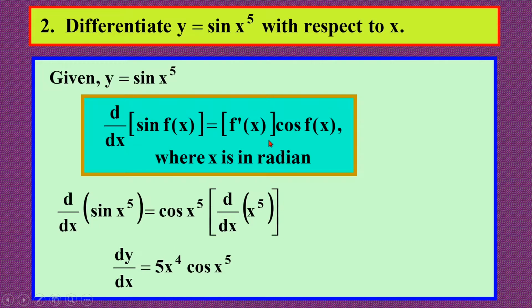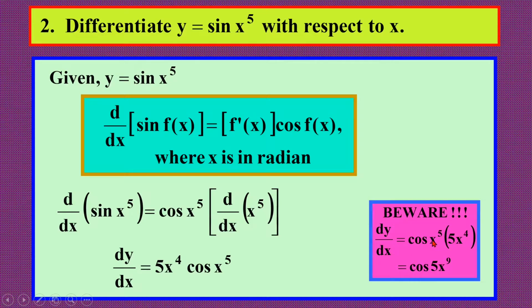Now, when you look at the books, most of the time, cos f(x) and the differentiation of the function is put behind. Sometimes when I mark, I notice that if the student puts it behind, especially with exam stress, you tend to multiply the 5x to the power of 4 with the function given inside the question, and you will get something like this, which is horribly wrong.